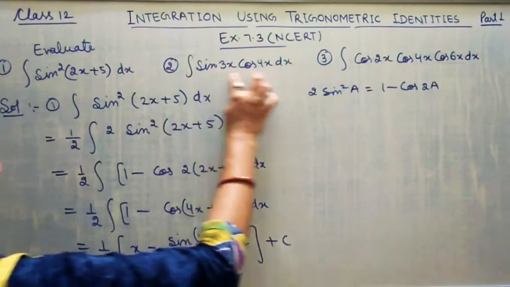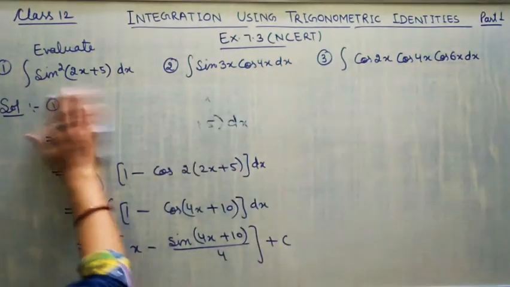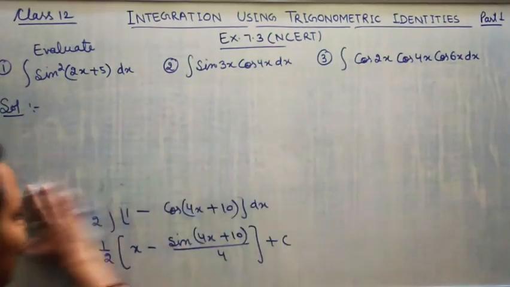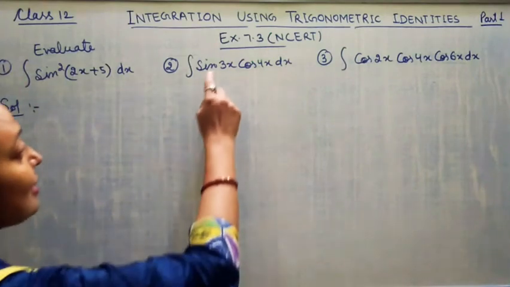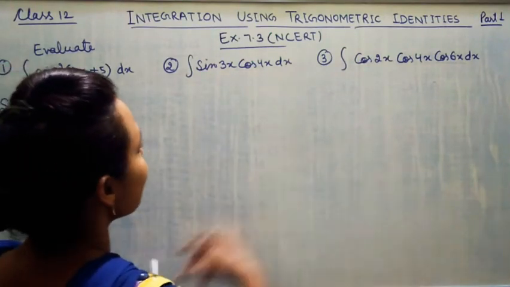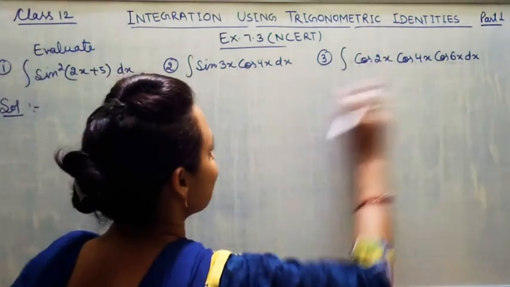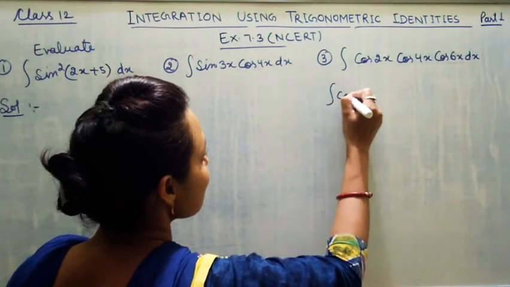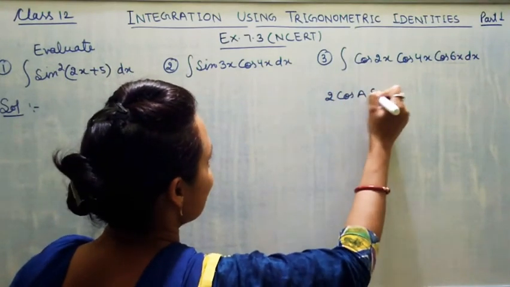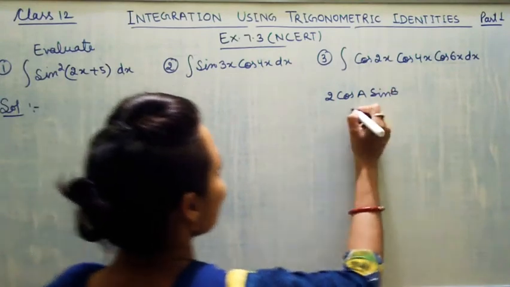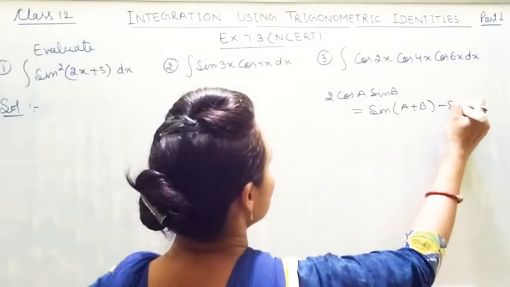Now come to question number 2, in which you again have to apply an identity. The integral is sin 3x cos 4x dx. Here 4x is greater than 3x, so I will apply the identity 2 cos a sin b is equal to sin a plus b minus sin a minus b.